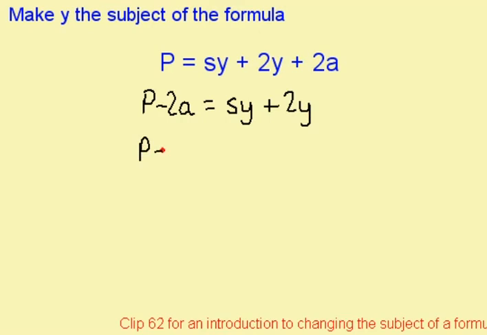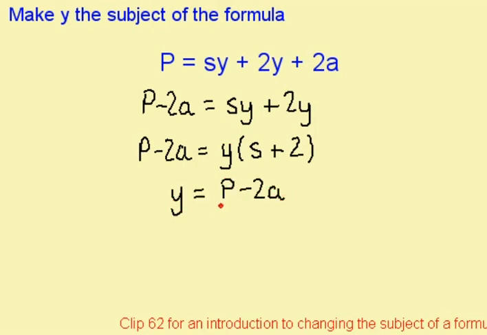So I have p minus 2a equals, if I take out my factor of y, it leaves me with s here and 2 here. Now, to get y, I'm going to have this divided by this. So y equals p minus 2a divided by s plus 2. Y is now the subject of my formula.